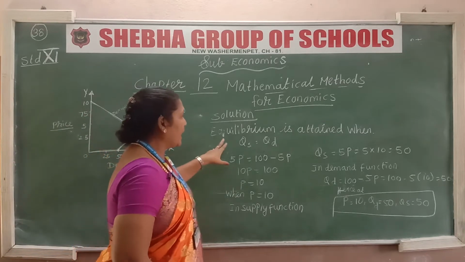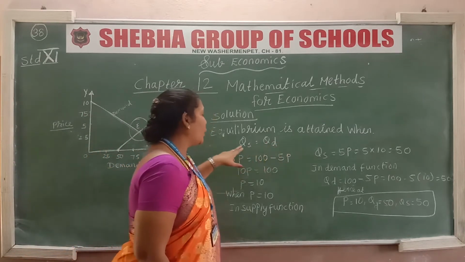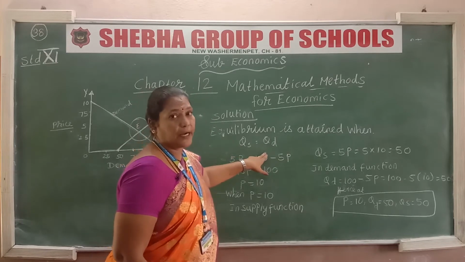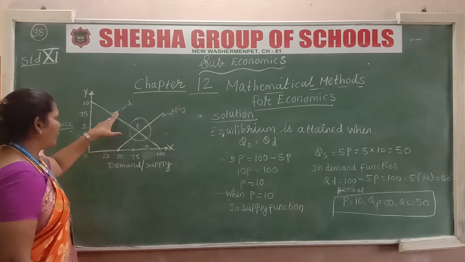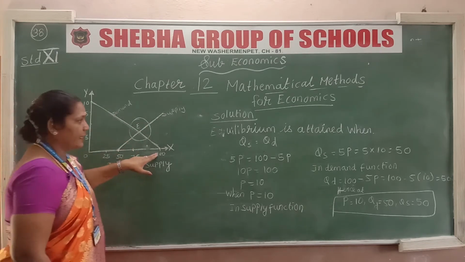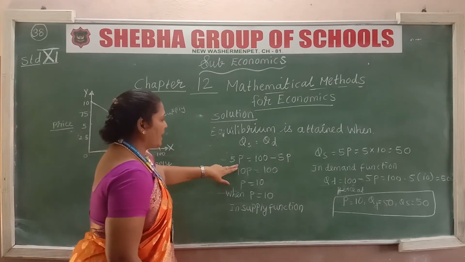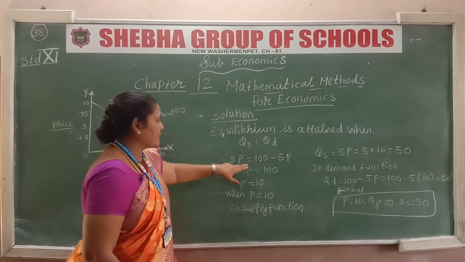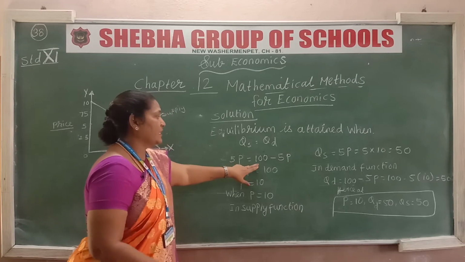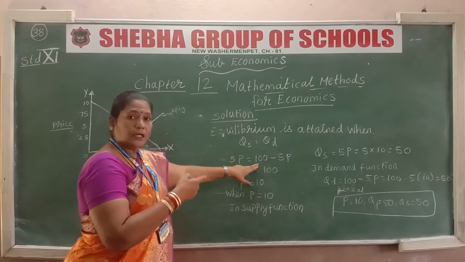What have they given? Equilibrium is attained when quantity supply is equal to quantity demand. Is it clear? They have given the value of the price. That means 5 plus 5p is equal to 100.